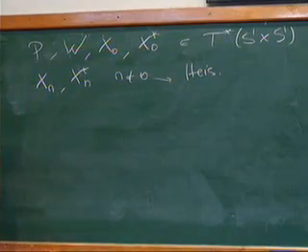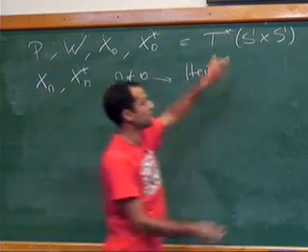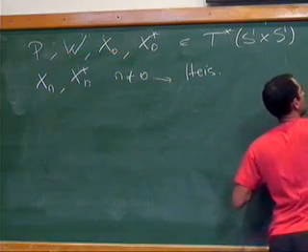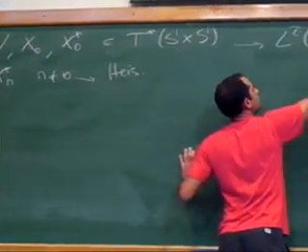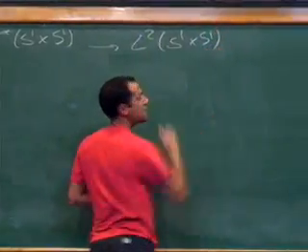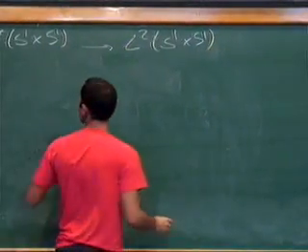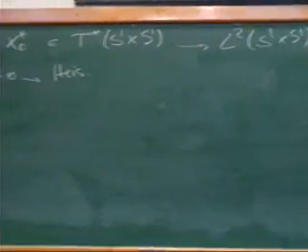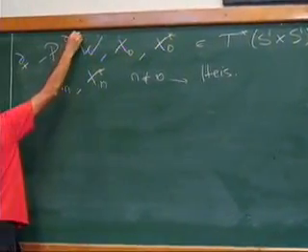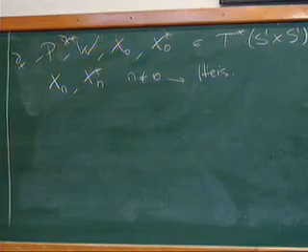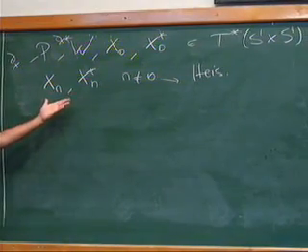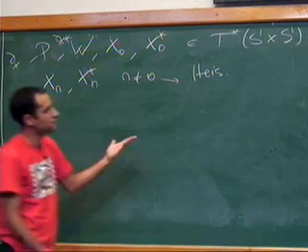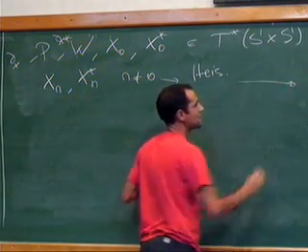So how to find a vector space where these operators act? Just standard. The quantization of T star of S1 cross S1 is just L2 of S1 cross S1. And P and W act as vector fields. So we will have this guy acting as d by dx, and this guy acting as d by dx star. And if I have an infinite dimensional Heisenberg algebra, how do I produce a vector space where these operators act?